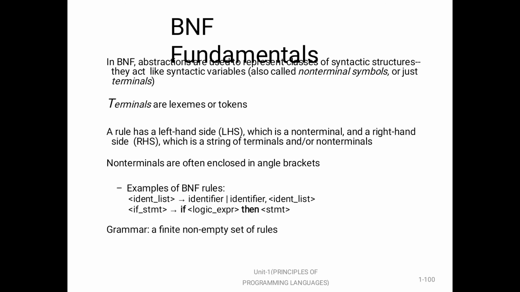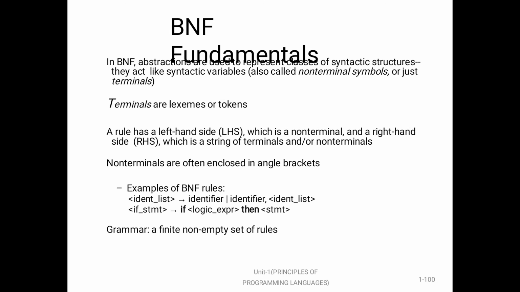You can see an example of BNF rules here, using simple tags like int list, where identifiers will be there, and if statement: if logical expression then statement. Here both the left-hand side and right-hand side will be there, as well as terminals and non-terminals.